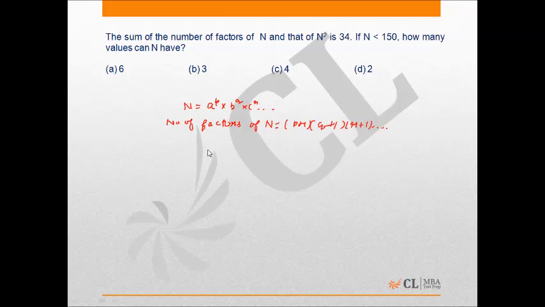And we know that if n is a perfect square, then the powers of the prime factors of n have to be even numbers, and if p, q and r are even numbers, then from this formula we can observe that this quantity will be an odd quantity, this will also be an odd quantity, and the same will go for this one.